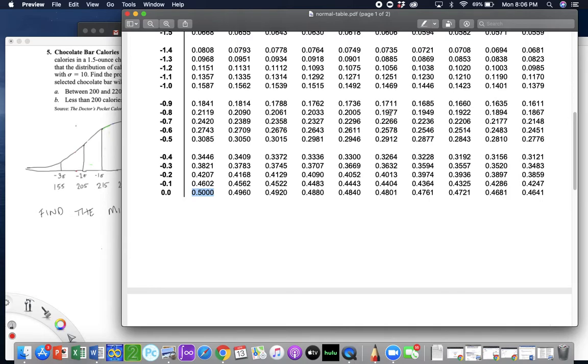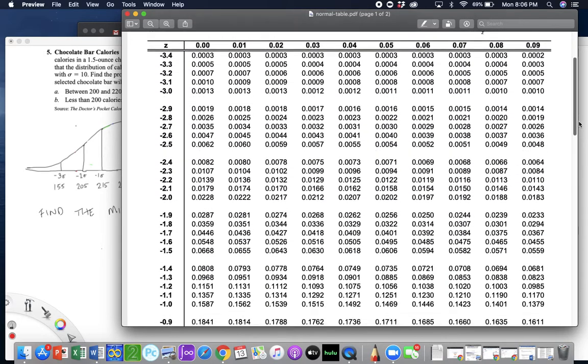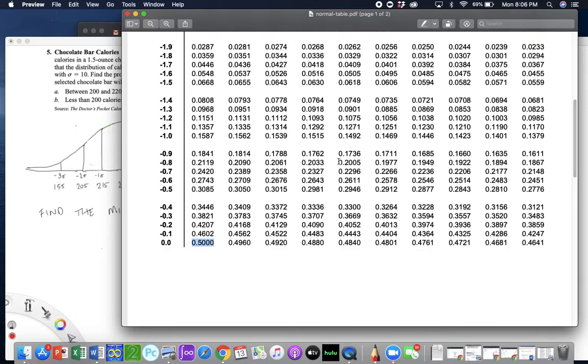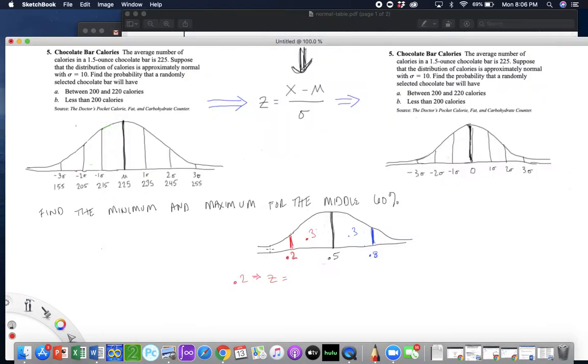That's negative 0.84. This is the closest thing to 0.2, so I'm going to use negative 0.84. The 0.2 is associated with the z-score of negative 0.84.